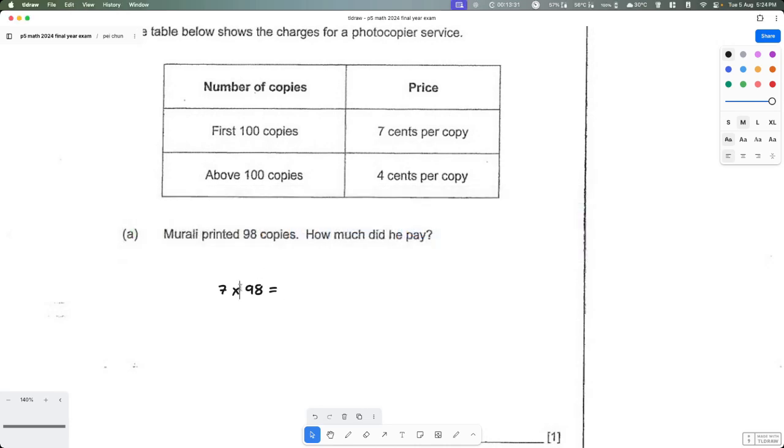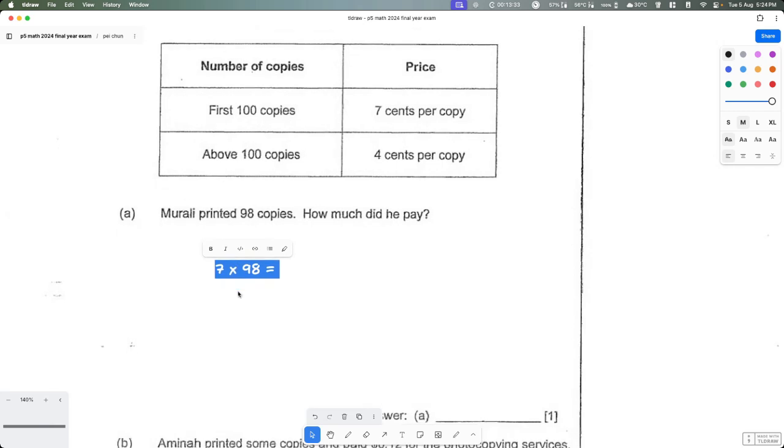Okay, wait, we need money. So 7 cents is equal to $0.07.